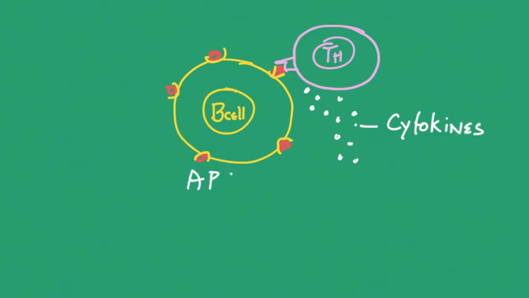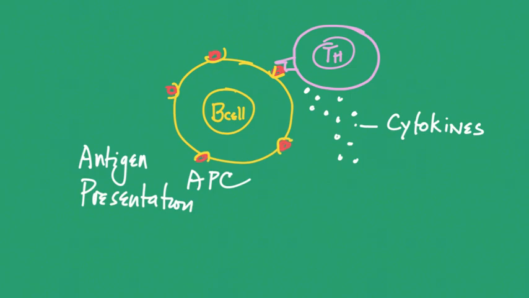Cytokines have the ability to stimulate the production of antibodies in the next few steps. This stage is called antigen presentation, and the cell is called an APC, or an antigen presenting cell. And the purpose is to get permission from the helper T cell.